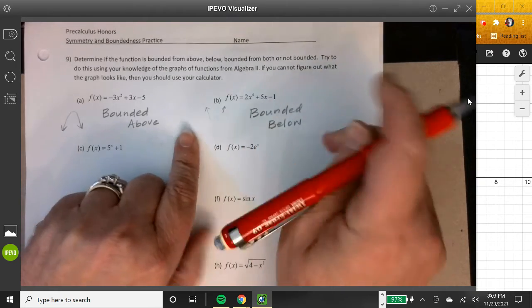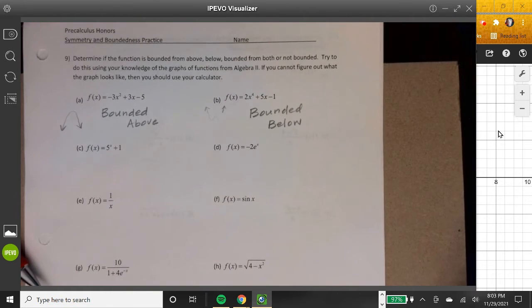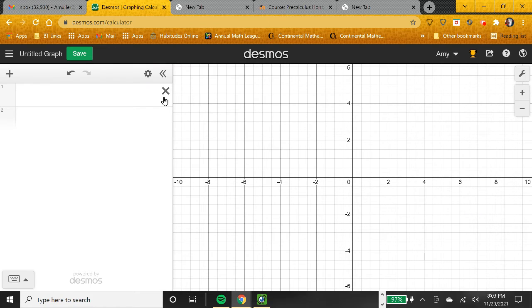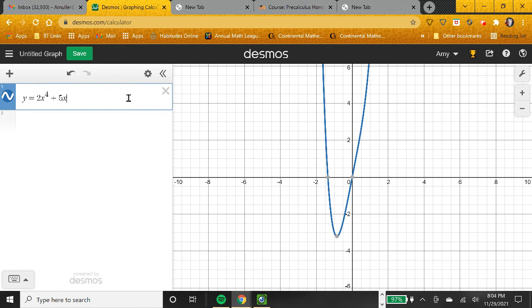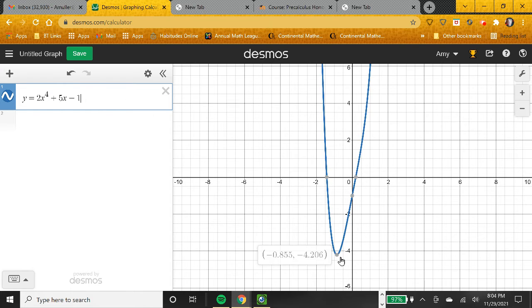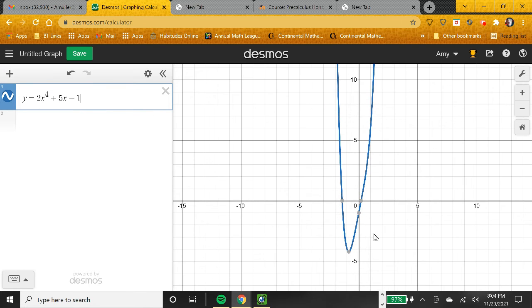Now, if you don't believe it, let's look at Desmos here. And we've got y equals 2x to the fourth plus 5x minus 1. Okay, and there it is. We see that it's bounded below.